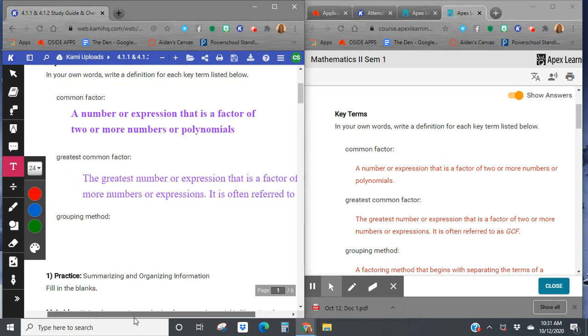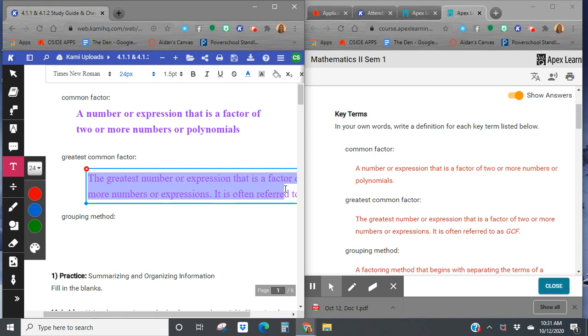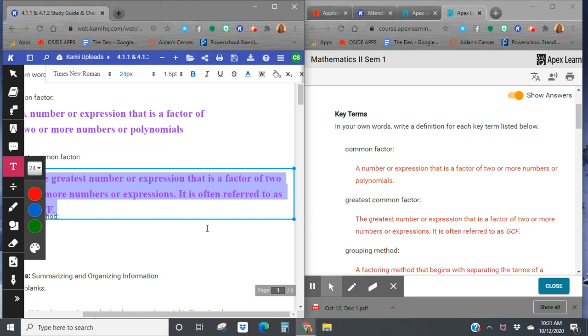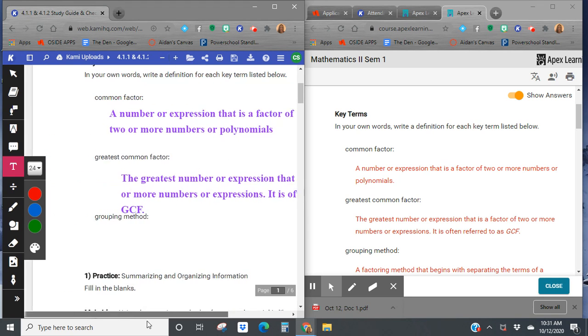So you may remember this from middle school, finding a GCF or greatest common factor. That's what this chapter is going to start off with.